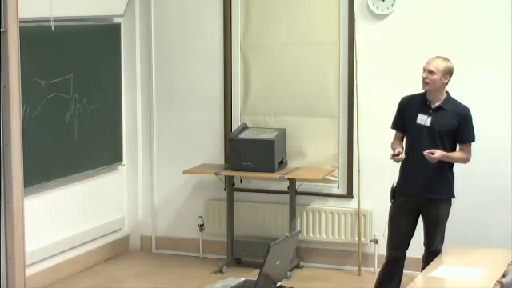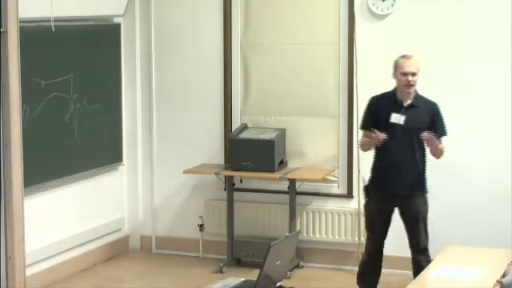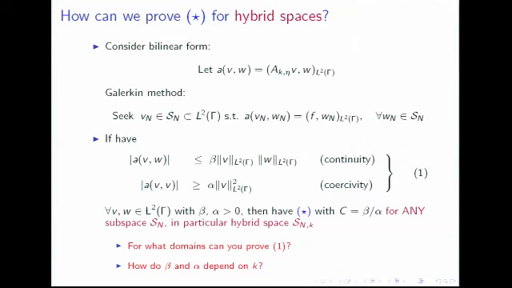Okay, so what we're going to do is consider the integral equation AV = F in its bilinear or variational form. So here's this bilinear form, and then here is what the Galerkin method is. And as is well known, if you can prove that your form satisfies continuity and coercivity, these two properties here, then you get quasi-optimality for any subspace whatsoever, in particular a hybrid space.